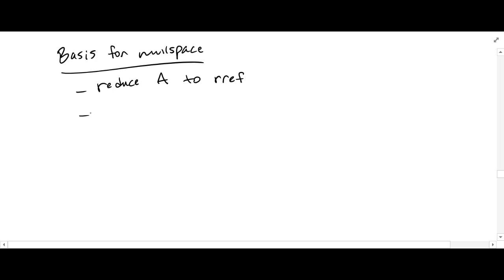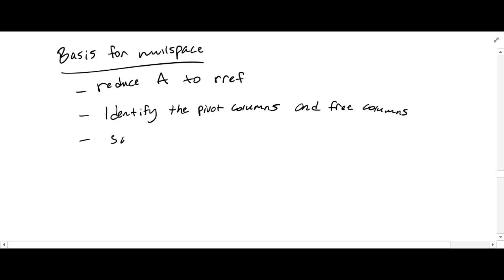Identify the pivot columns and then the columns without pivots, which are the free columns. Figure out which ones those are, and then solve for pivot variables corresponding to pivot columns in terms of free variables. That's the general procedure.